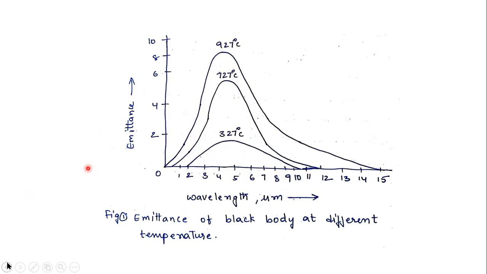When the temperature rises, the wavelength of infrared emission becomes shorter. Suppose at 200 degrees Celsius, which is 473 degrees Kelvin, the maximum radiation is emitted at about 6 micrometers.